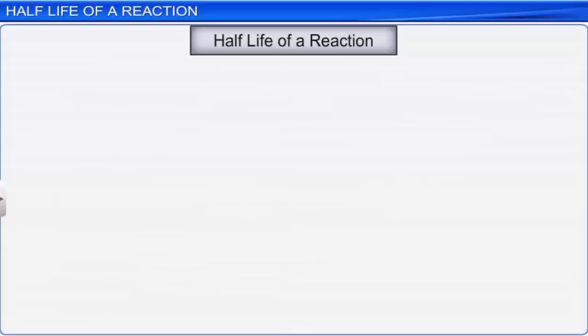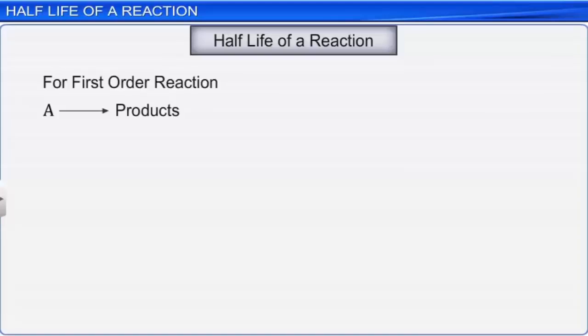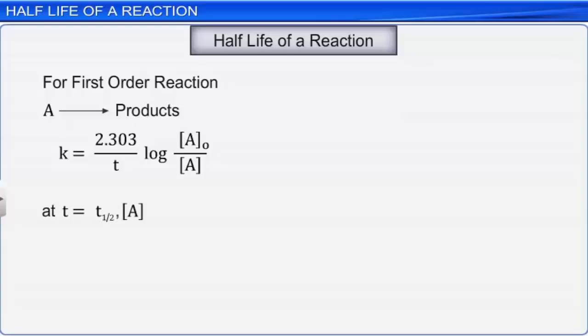Let us now calculate the value of t1/2 for a first-order reaction. For a first-order reaction, the half-life period is directly calculated from the rate constant k, given by k equal to 2.303 divided by t multiplied by log concentration of A0 divided by concentration of A. Let t1/2 be the time in which the concentration of reactant A reduces to 1/2, which is equal to concentration of A0 by 2.